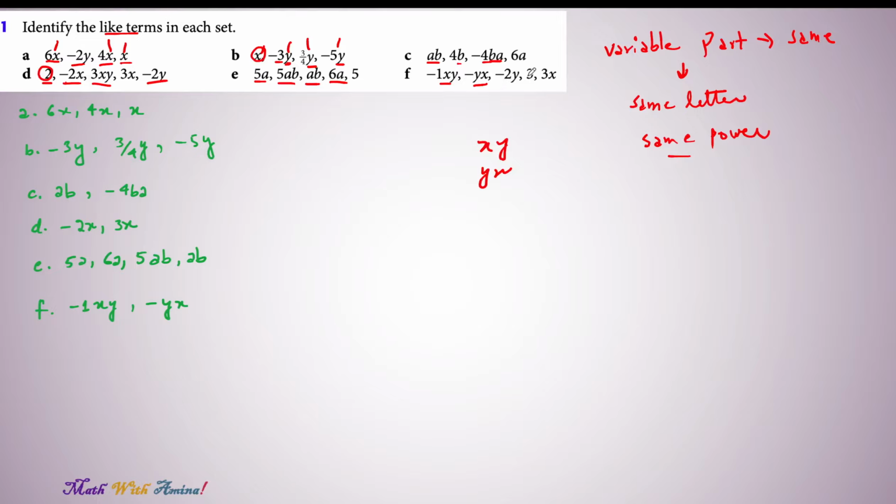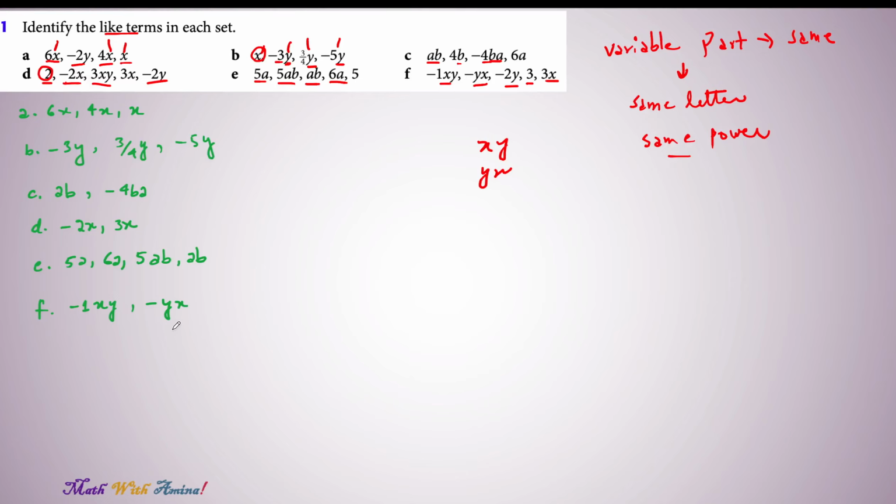Minus 2y, there isn't any other term with the same variable in the rest of the terms in the set. 3 is a constant, this is another term with different variables. So we can deduce that in this given set of terms we have these 2 terms, like terms.